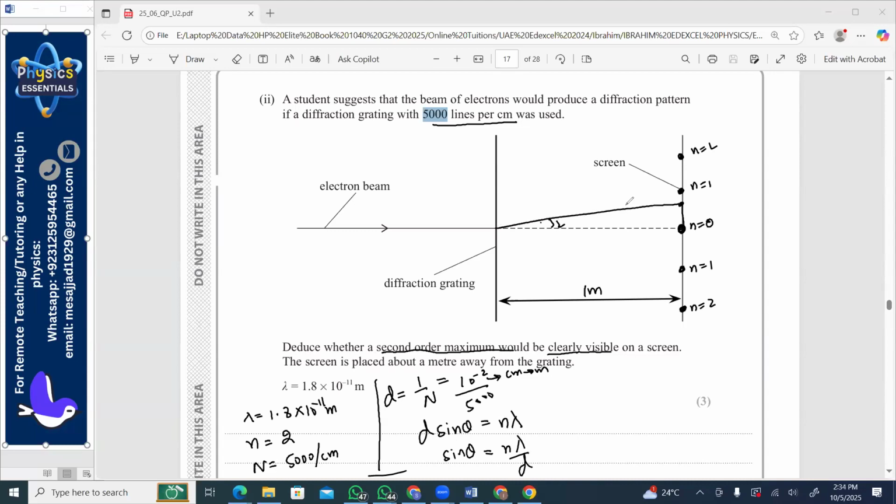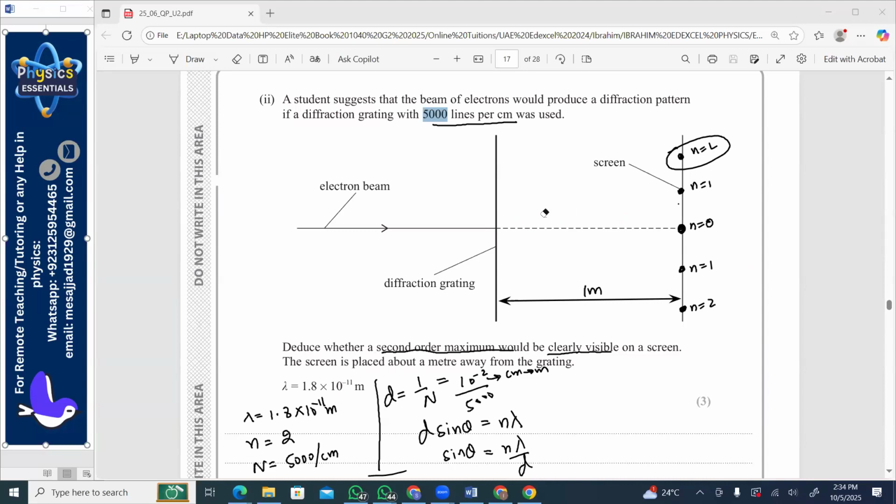This 2-degree angle will not be able to cover second order or even first order clearly. If the angle is 10 degrees and it is just covering the first order, we will again say that the second order will not be covered appropriately, right? So we just need to see where the angle is going to be.